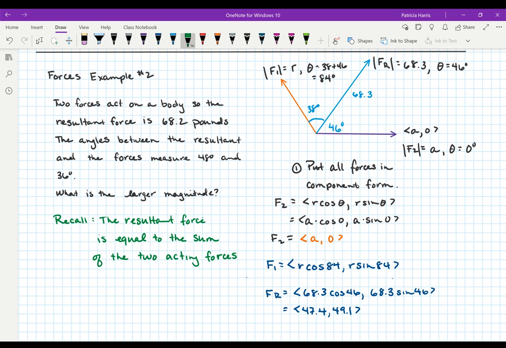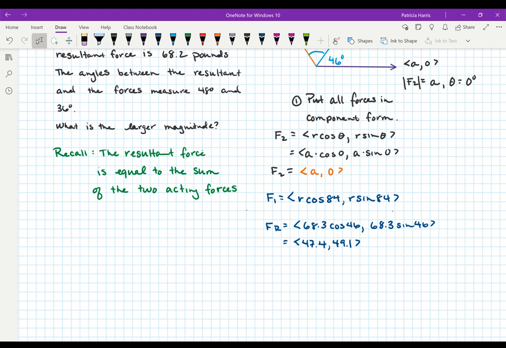So we're not dealing with three or more forces, though there are problems that deal with that. It's actually kind of cool. All right, so force 1 plus force 2 is equal to the resultant force. So force 1 is R cosine 84, R sine 84. Force 2 is A comma 0, and that should be equal to 47.4, 49.1.